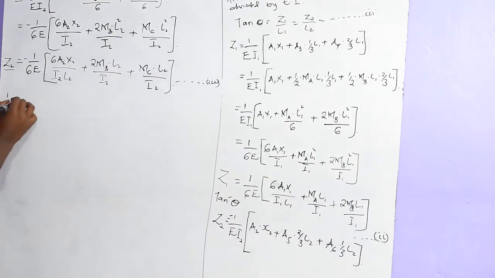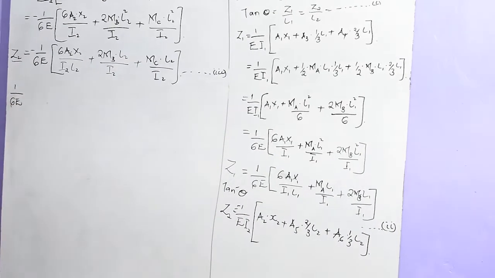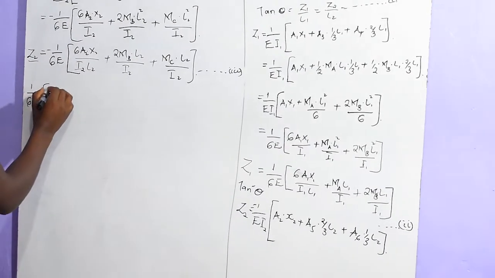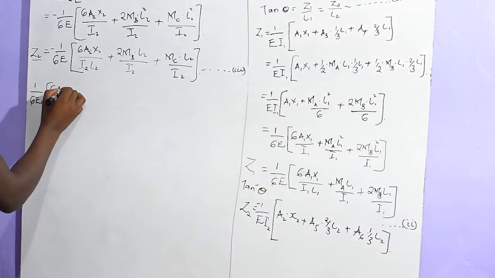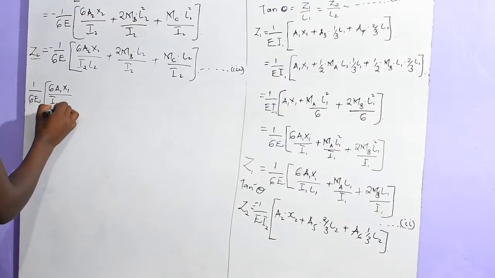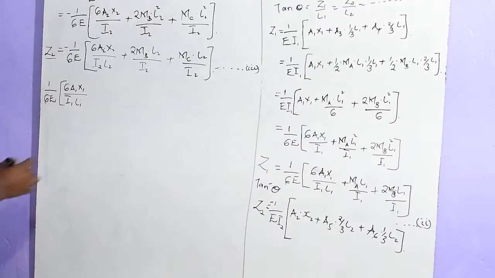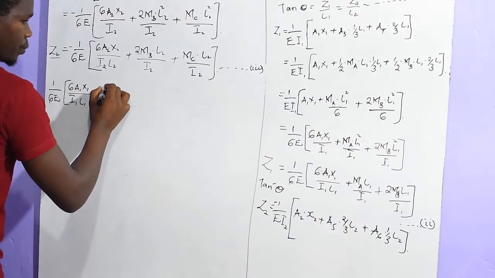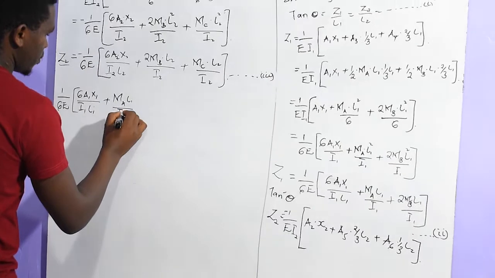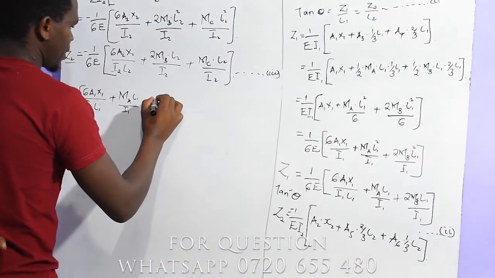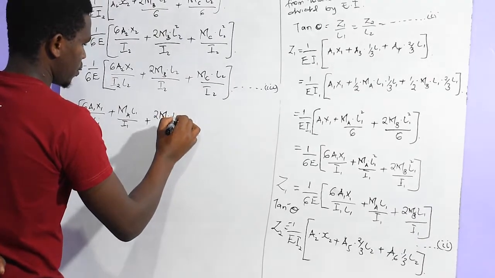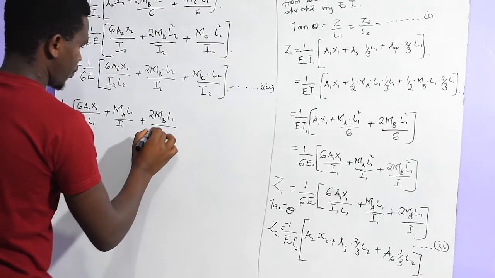So this is 1 over 6E, 6 area 1 x1 all over I1 length 1, plus moments at A L1 all over I1, plus 2 moments at B L1 all over I1.